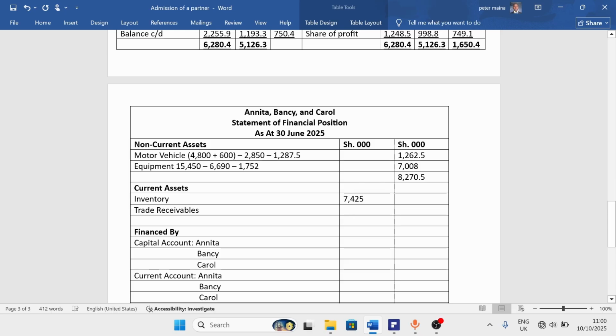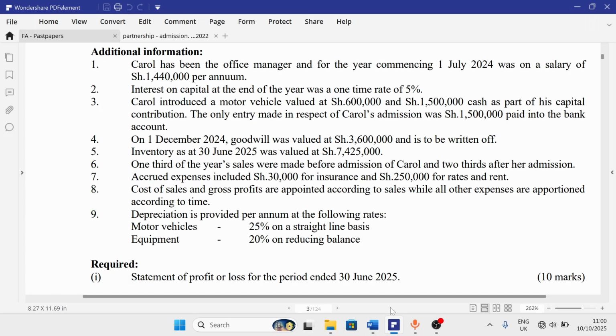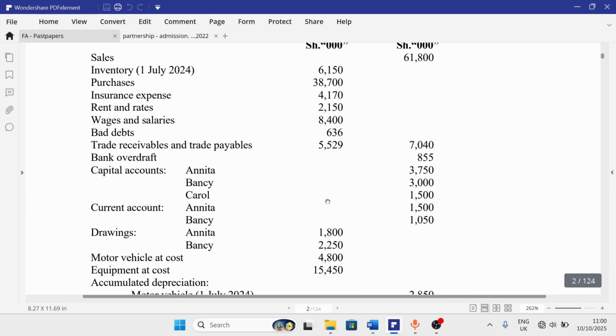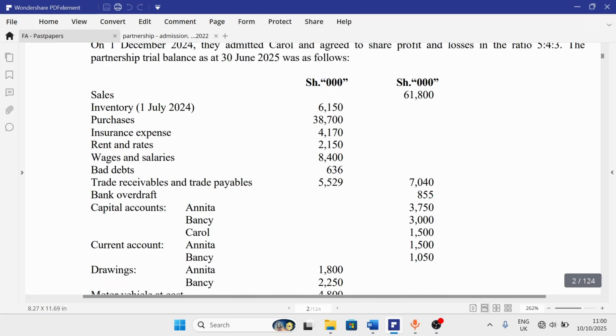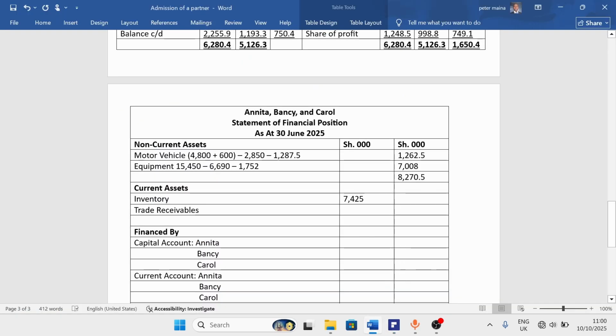Another current asset we were given is trade receivables. So trade receivables, that one is given in the trial balance as 55.29. So we include that one, 55.29.